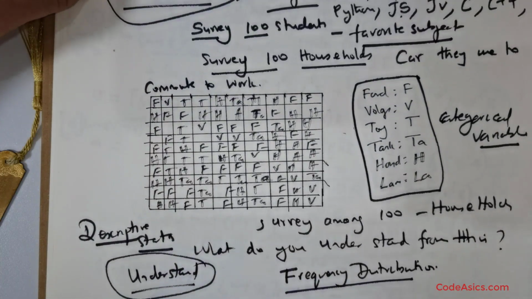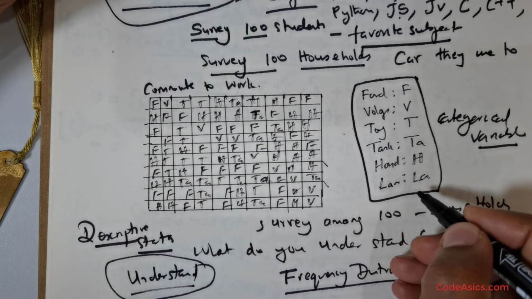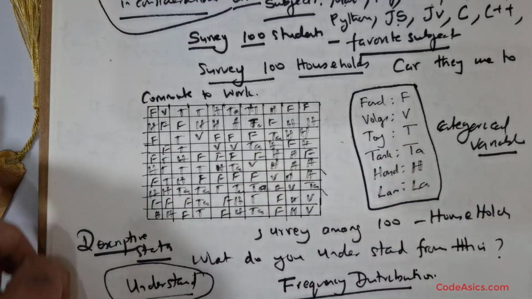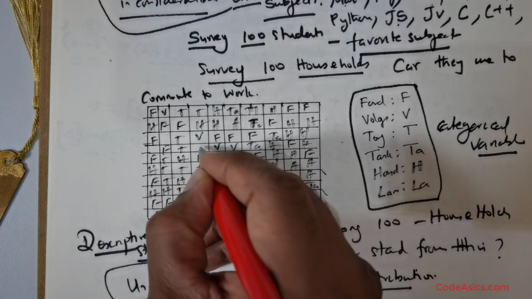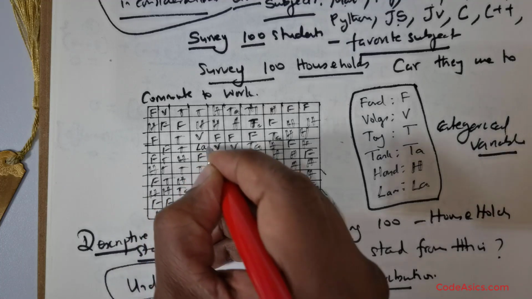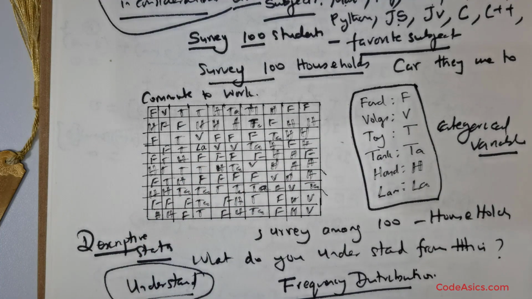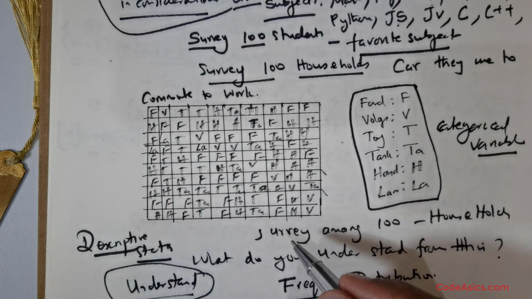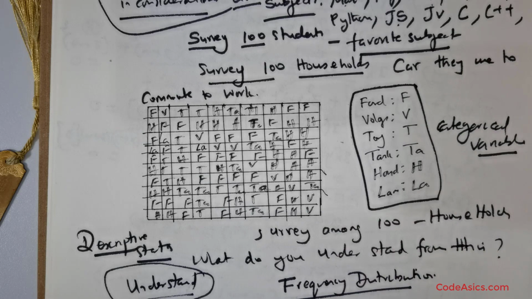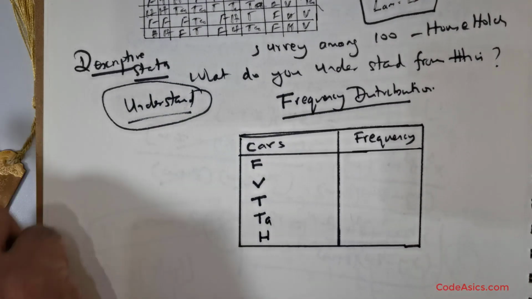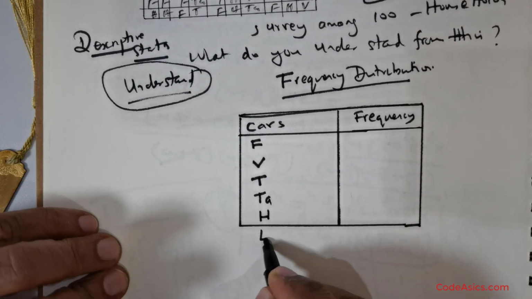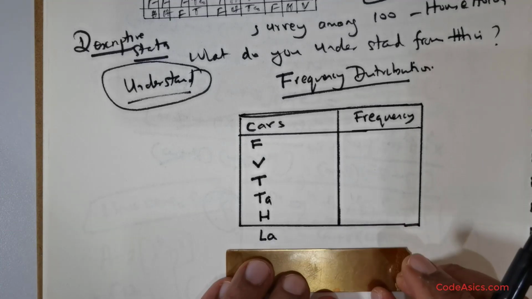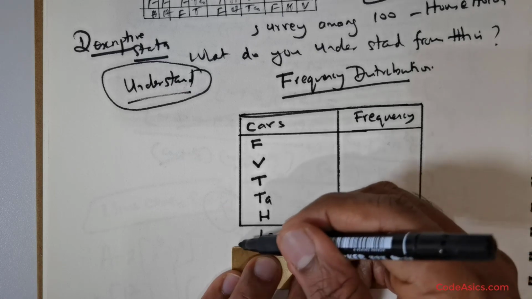I have given H, but there is Lamborghini also, so we got one box where we can put in Lamborghini, LA. So let me enter Lamborghini here, and then we need to complete the table.